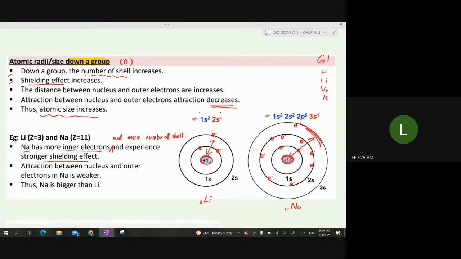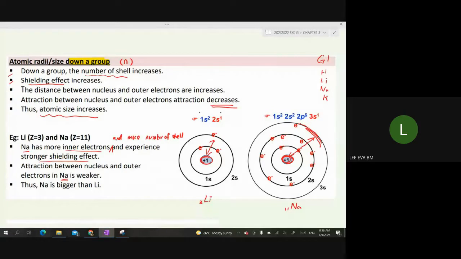Sebab dia punya bilangan elektron bertambah. Okay, sebab tu kita kena masukkan dalam shell yang lagi satu. Okay, more number of shell, stronger shielding effect. Therefore, the attraction between nucleus and the outer electron in sodium is weaker. Okay, therefore, sodium has a bigger size than lithium. Or we can say the atomic radius of sodium is bigger than lithium.